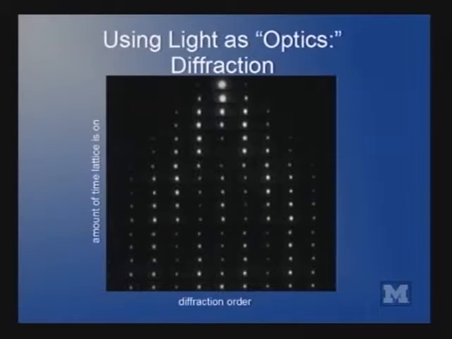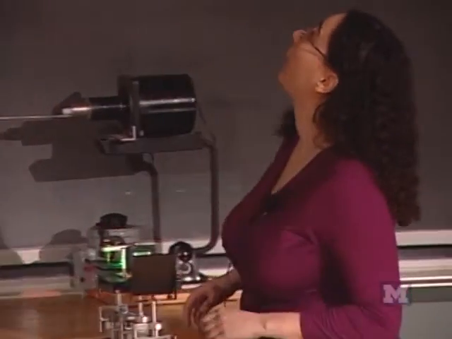Then there's diffraction. A diffraction grating is an object that consists of a whole bunch of slits evenly spaced. And when you shine a laser through it, it's fairly similar to Bragg scattering.